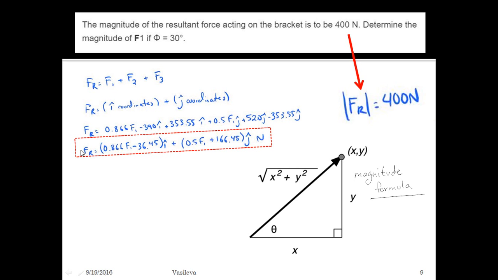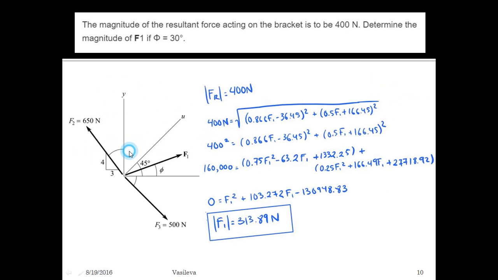So now we have two representations of the resultant force: the Cartesian coordinates, and the magnitude, which was given in the instructions. We can use the magnitude formula and set it equal to the given magnitude. That way we can solve for F1.